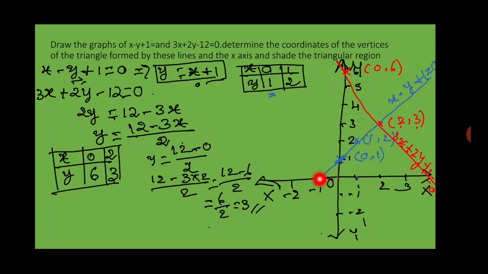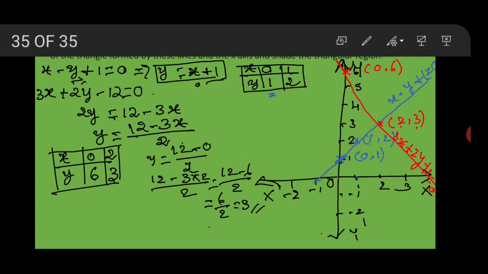One is this blue colored line and another one is the red colored line. And this is the x-axis, right? So what is the region covered by these straight lines and the x-axis? This is a triangular region, right? So shade the triangular region. I will shade this triangular region using pencil.